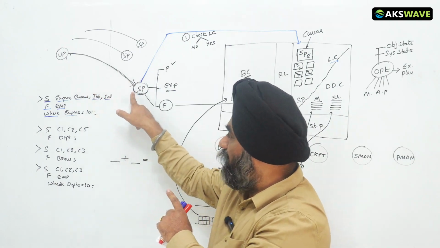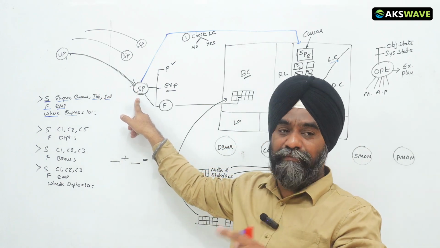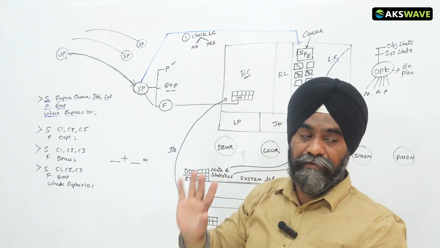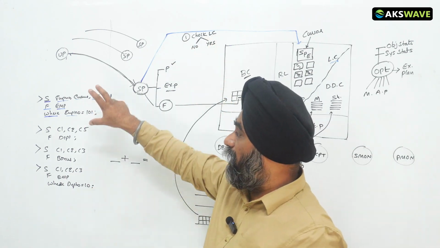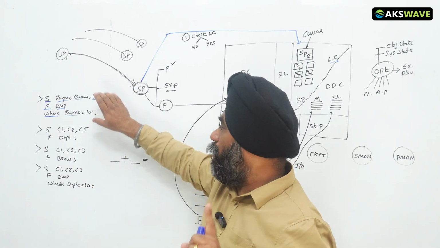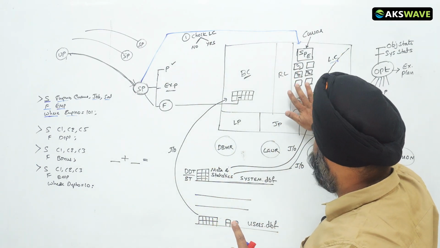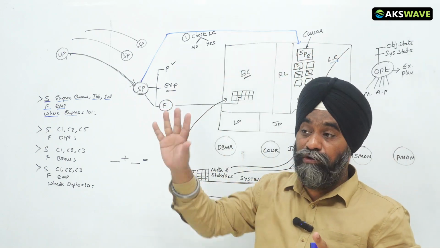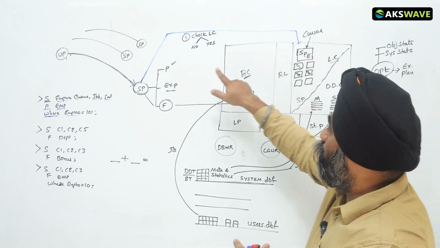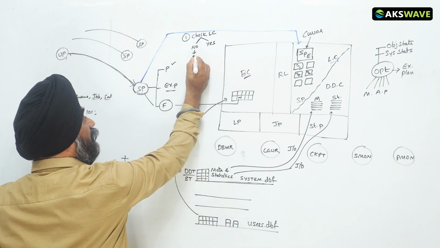Any statement you submit, for the first time or multiple times, its first job is to go and check. The server process will go and check in the library cache: do we have the statement? Will it find it? No. After scanning the library cache, I didn't find it, so no. Then what should I do? If it is no, go with the second step.